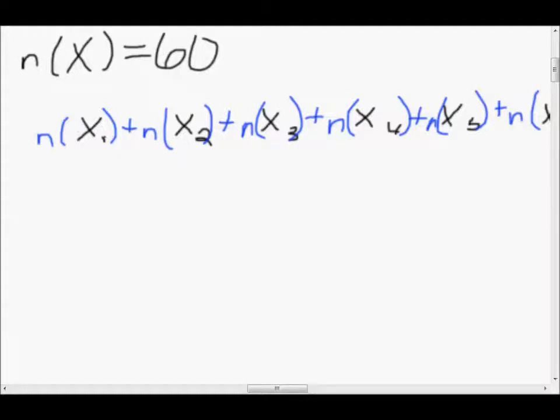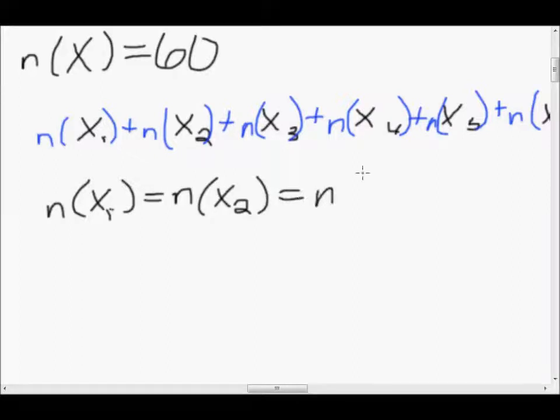So what do we got? I'll read it from the book. The number of things in X1 is equal to the number of things in X2 is equal to the number of things in X3. Okay, I can buy that. So those three slices of the pie are the same size.